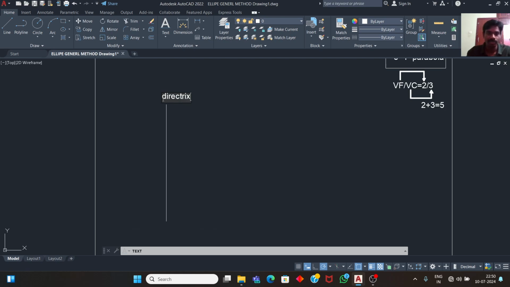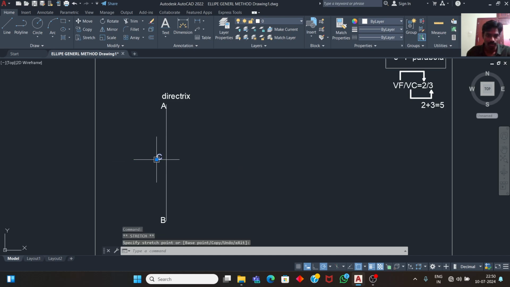Give the naming directrix, and also give the points names. This is the point A, and this is the point B, and the middle point is C. This is the directrix.